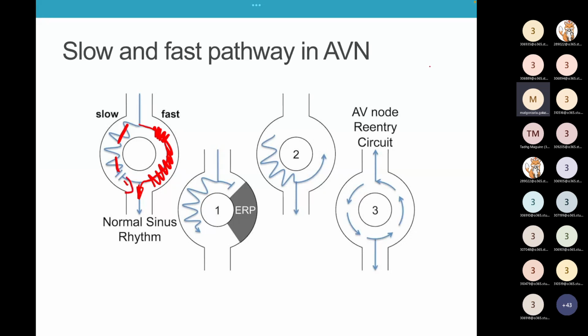So the action potential is propagated in the AV node by two pathways, the slow and the fast pathway.